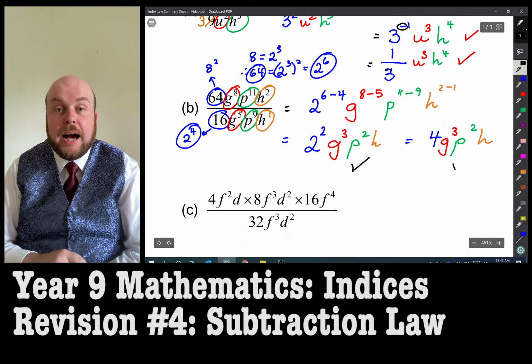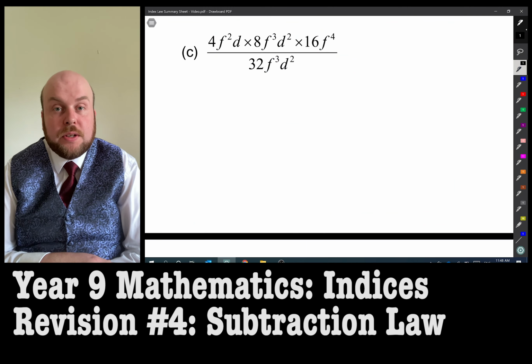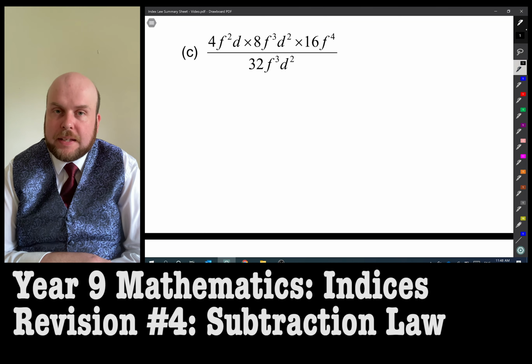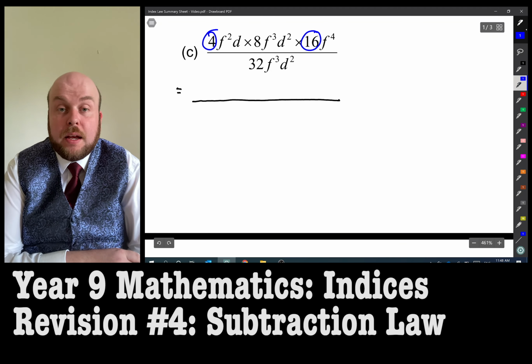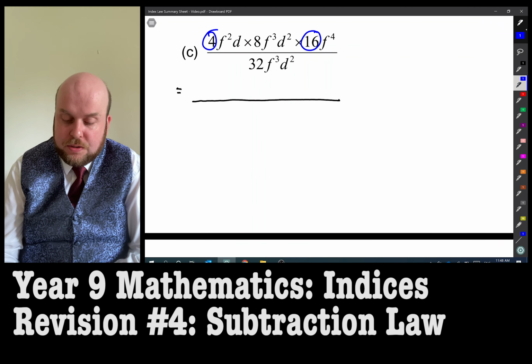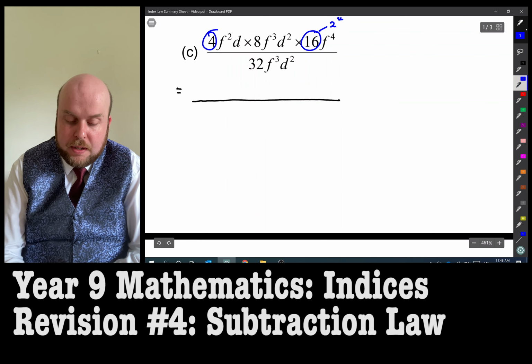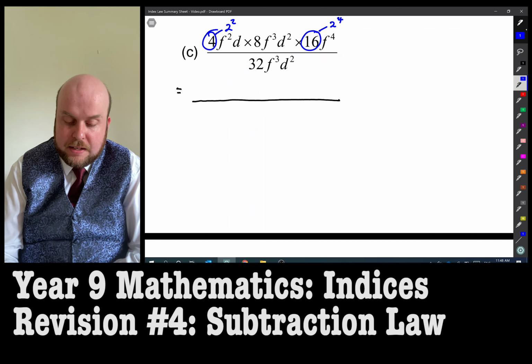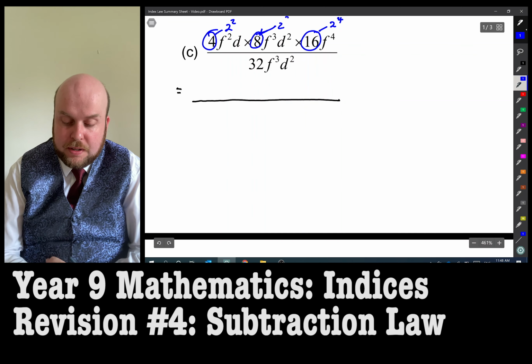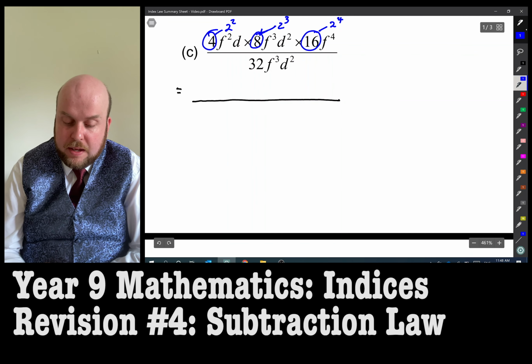Both answers are acceptable. C is a combination of both the first index law and the second. We will have to simplify the numerator and then do the divisions. We've established already that 16 is 2 to the power of 4, and 4 is the same as 2 squared. 8 is 2 cubed, so therefore the numbers simplify to 2 to the power of 2 plus 3 plus 4.